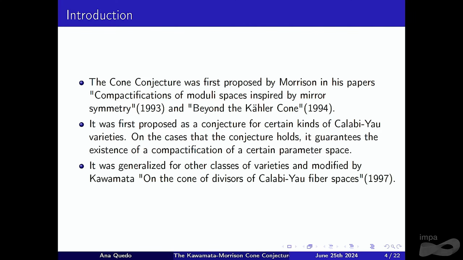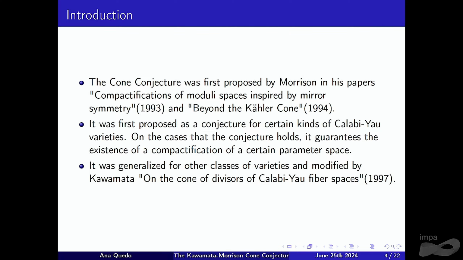But then, another person saw the conjecture proposed by Morrison, who had first proposed it for the Kähler cone, and modified it a bit. It was Kawamata. Carolina mentioned him in her lecture before today.